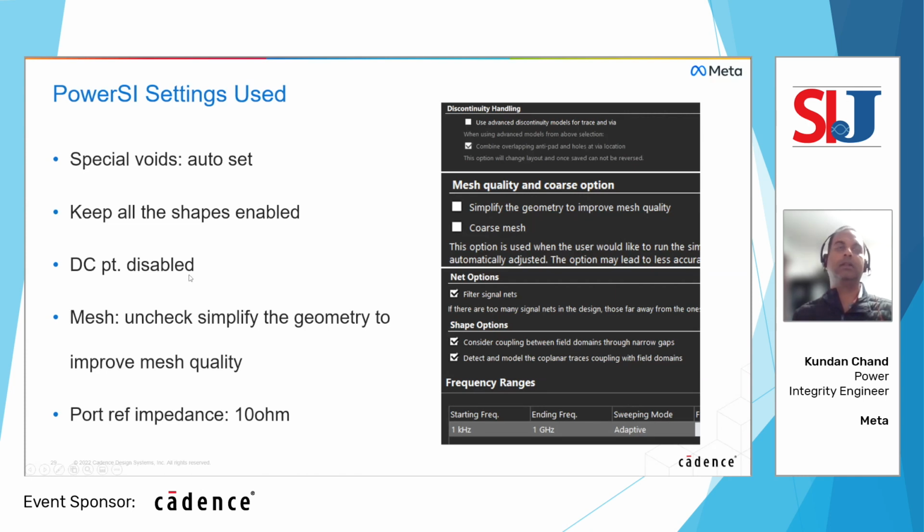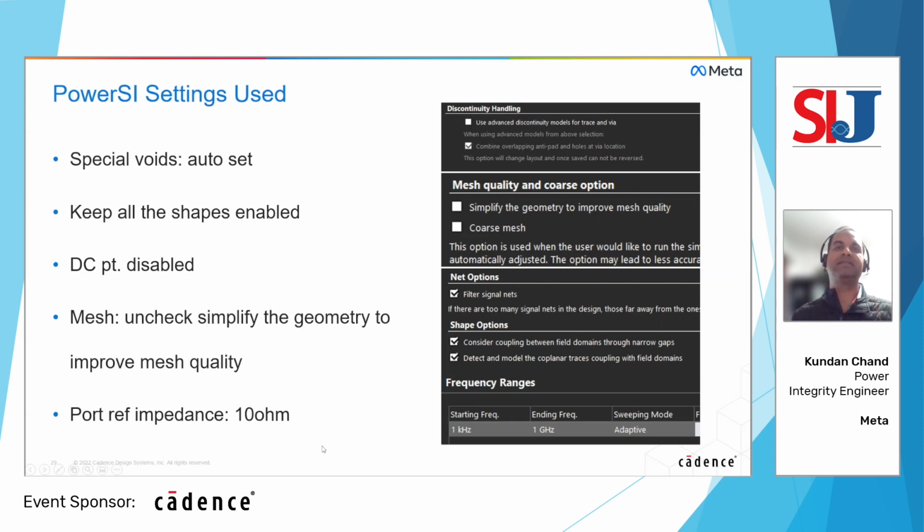So we did not include the DC point. And for the mesh, as you can see here, we unchecked this option. We did not want to simplify the geometry, just run it as is.